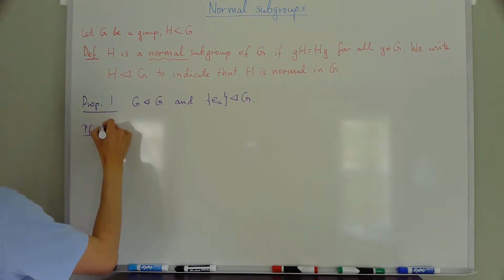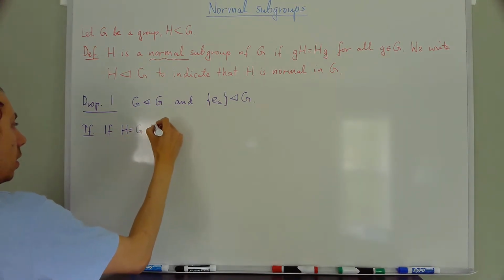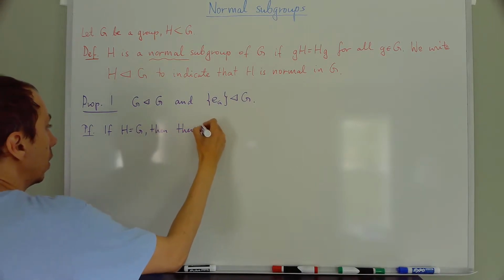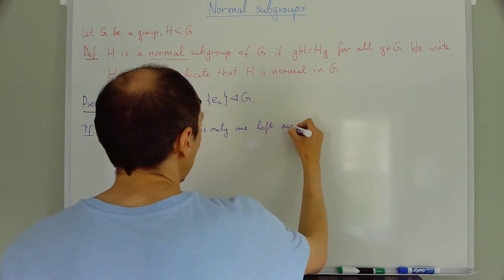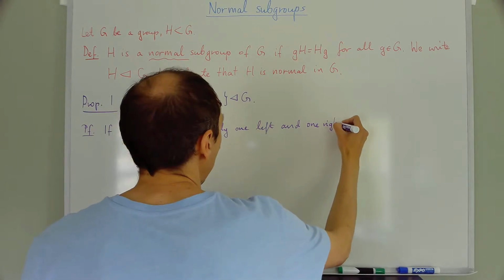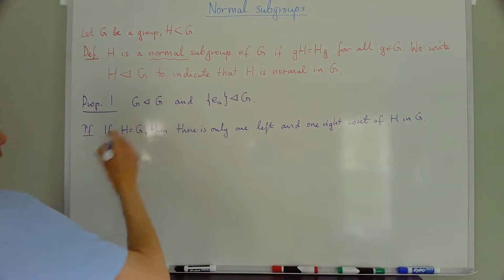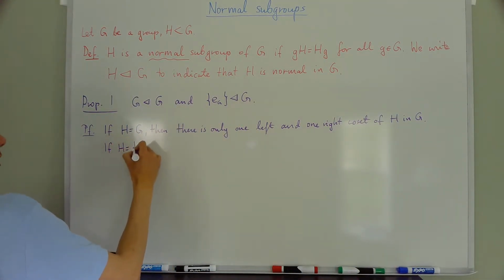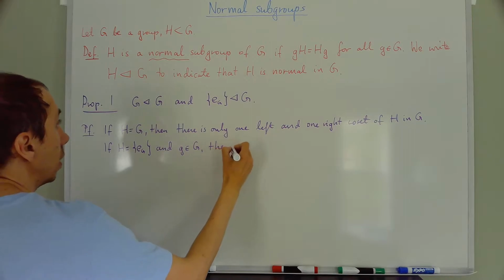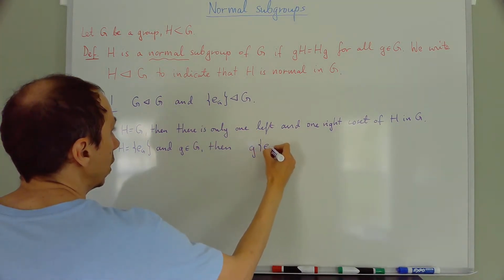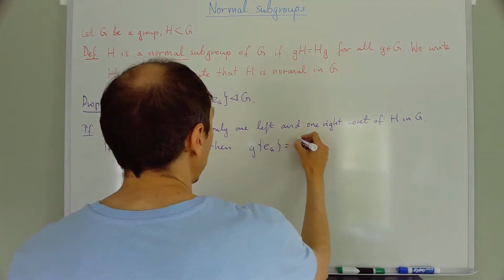Proof: if H is equal to G, then there is only one left and one right coset of H in G. On the other hand, if H is equal to just the identity and g is in G, then the coset g times the subgroup consisting of just the identity is just the singleton g.